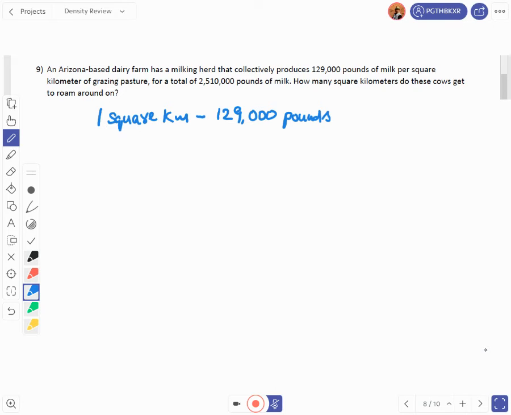Now, if the company is planning 251,000 pounds of milk, then how many square kilometers do these cows get to roam around on?